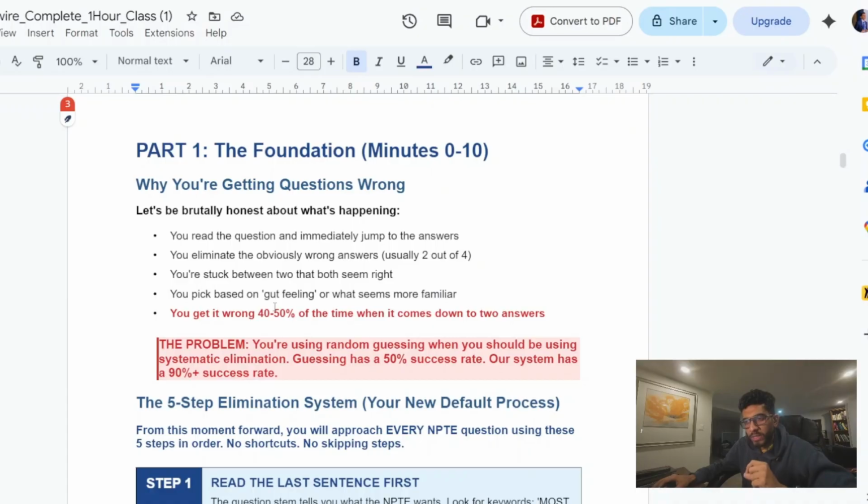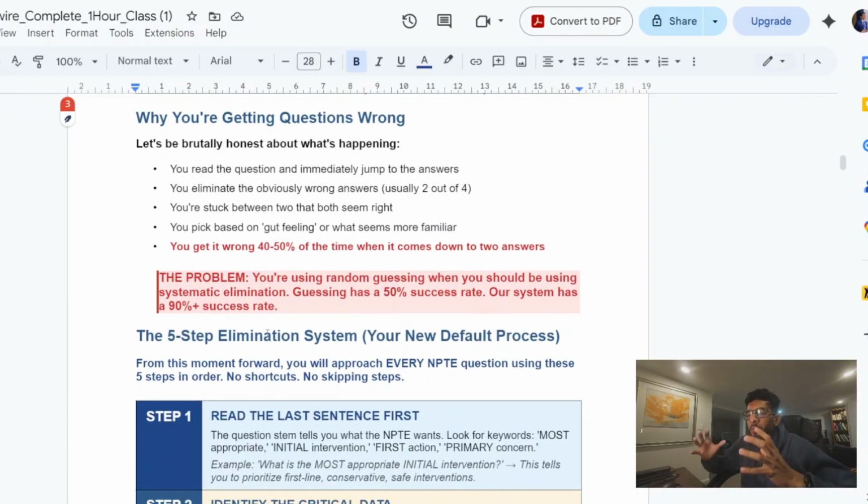You pick based on gut feeling or what seems more familiar to you, and you get it wrong 40 to 50% of the time when it comes down to those 2 answers. The problem here is that you're using random guessing when you should be using systematic elimination. Guessing has a 50% success rate, but our system has a 90% plus success rate.